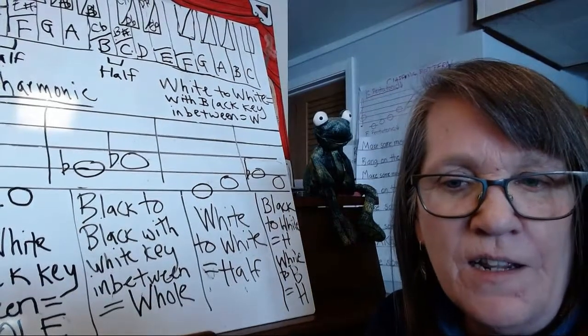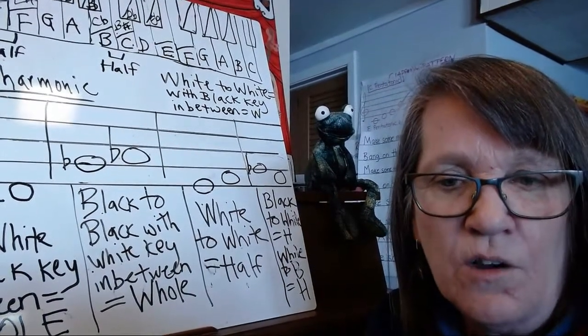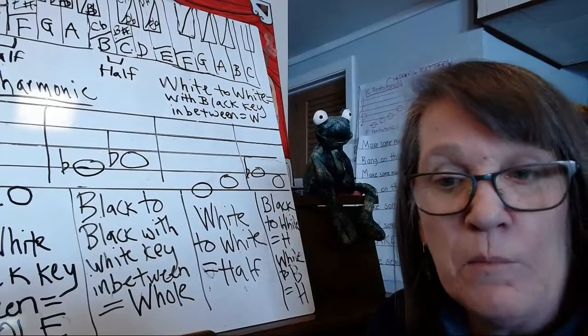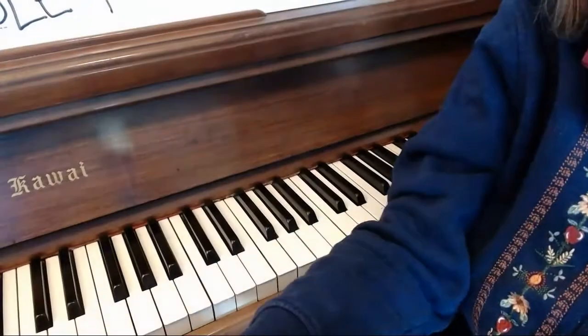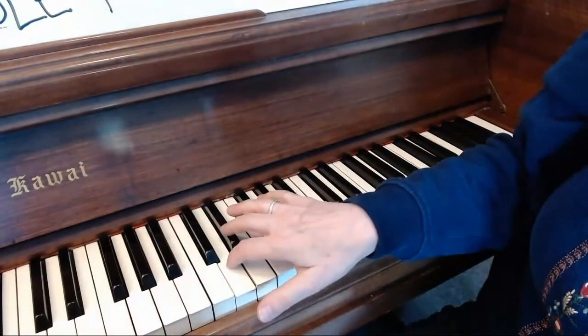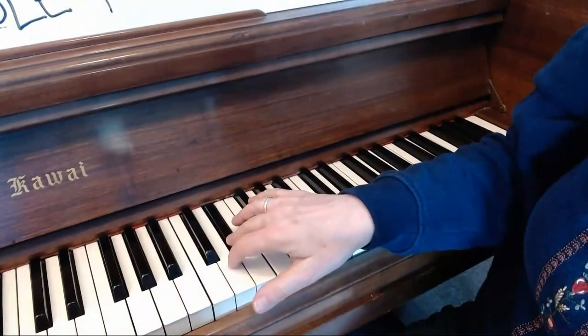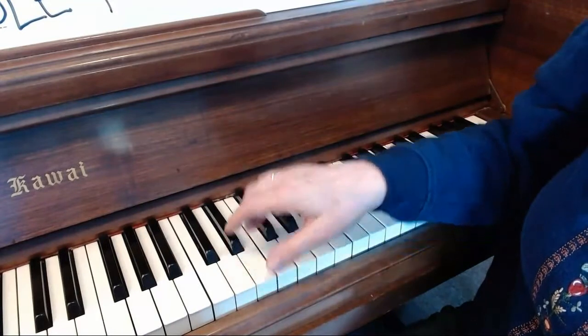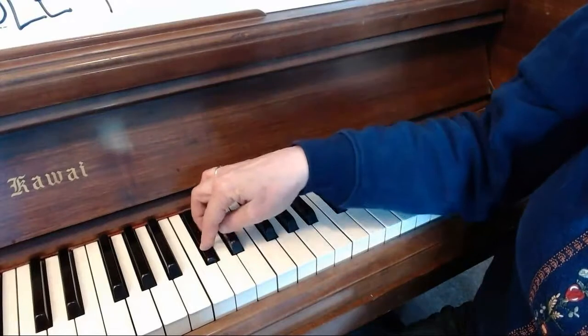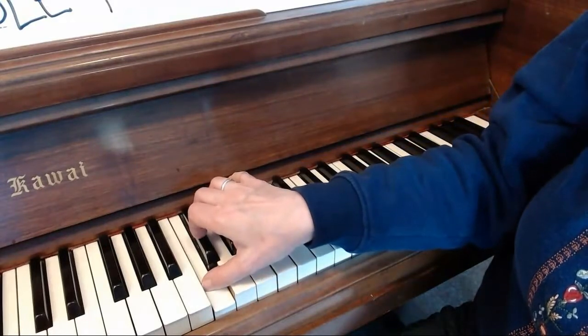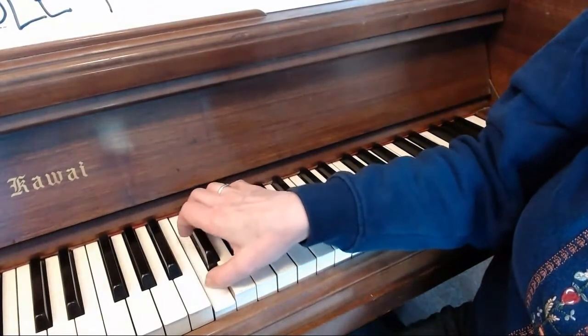Otherwise, finding half steps just has to go from either a black key to a white key or a white key to a black key. Okay, so here's a half step above D, from white to black. If we're on C sharp, then a half step below is from black to white.